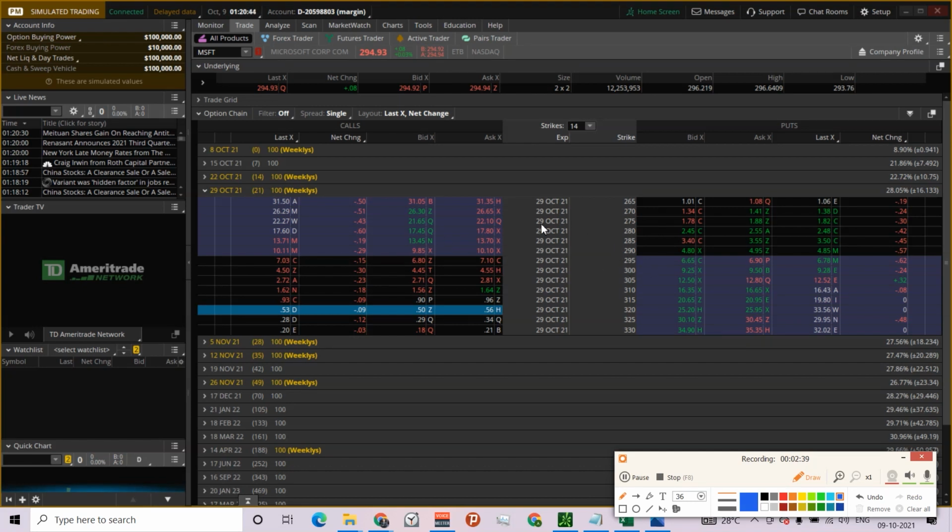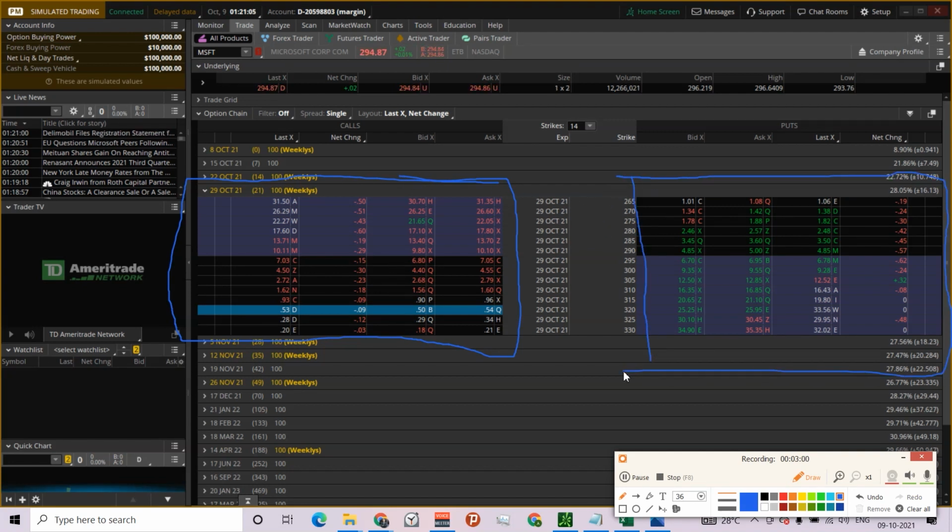There are three terms one needs to understand: in the money, out of the money, and at the money. The left hand side is the call options, and the right hand side is the put options.